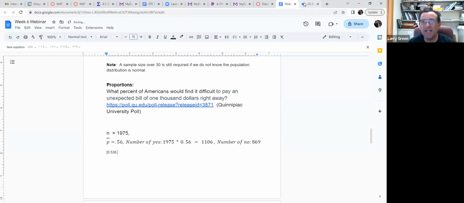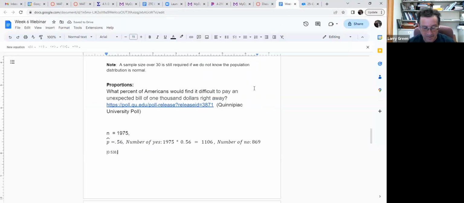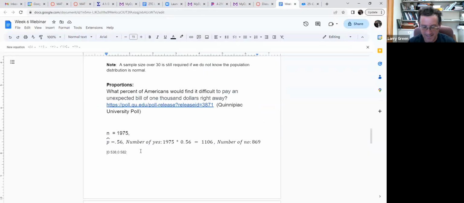So 53.8 to, again, 58.2. Okay, and by the way, it reminds you what the p-hat was. And there's our confidence interval. Any questions on using the calculator?